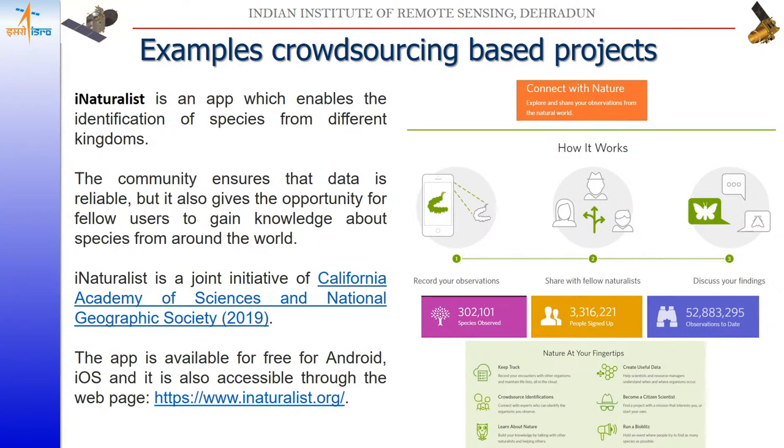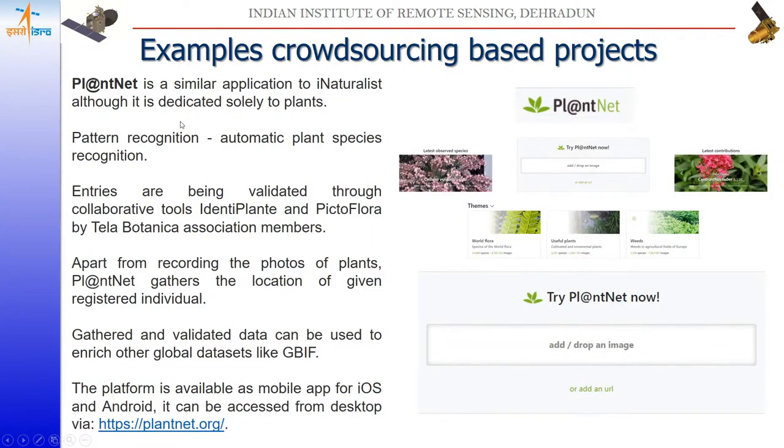But here, Pl@ntNet is solely for plants. Pattern recognition, automatic plant species recognition, entries are being validated through collaborative tools, identify Plantae and Pictoflora by Tela Botanica Association members. It is also available as a mobile app for iOS and Android, and also has a desktop-based application by the name plantnet.org.